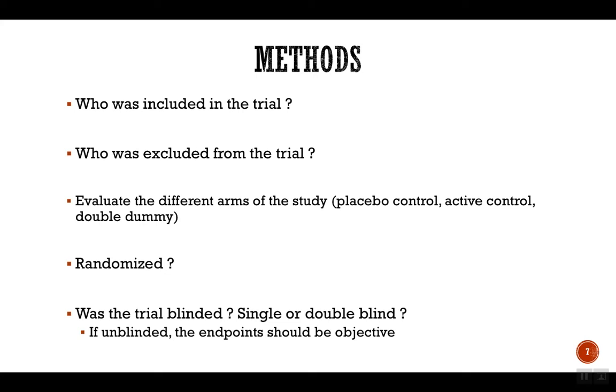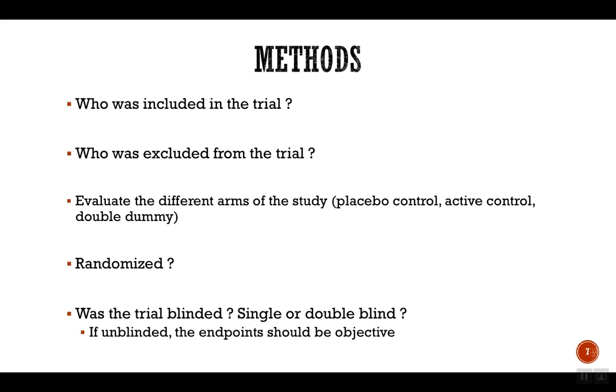Was the trial blinded? And if it was, was it single or double blinded? Blinding of a trial is also very important. So if you're evaluating a trial and it wasn't blinded, you want to be careful as to applying the results to your patients also. And usually if the trial is blinded, where the investigators don't know what medications the patient got and the patients don't know what medications they have, then that's the stronger version, right?